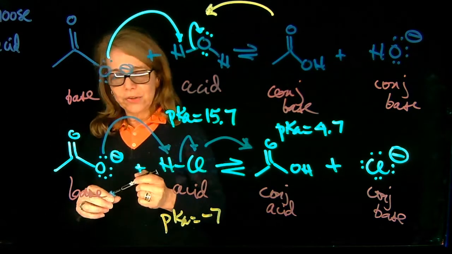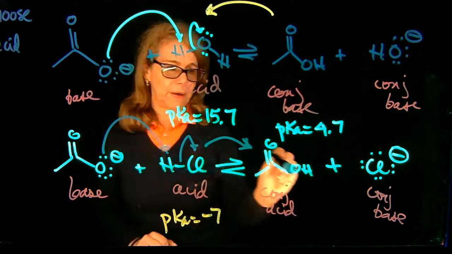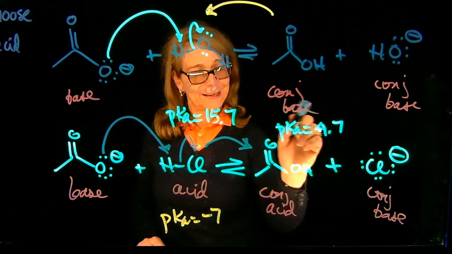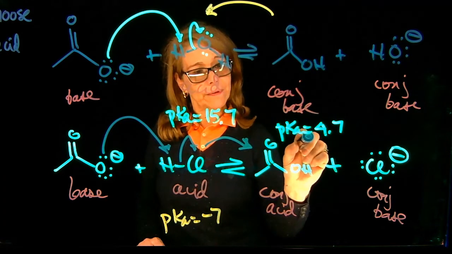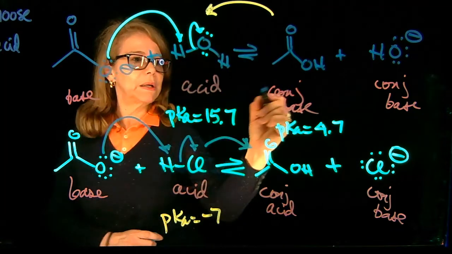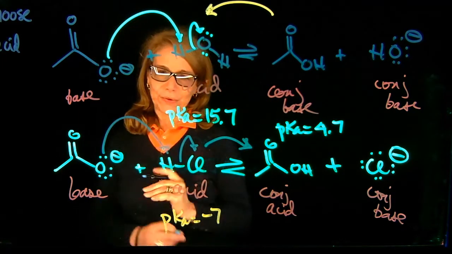So in general then, if this is my acetate and my target is that, I want to look for an acid whose pKa is smaller than this number. So anything that has a pKa below 4.7 is going to work to protonate acetate.